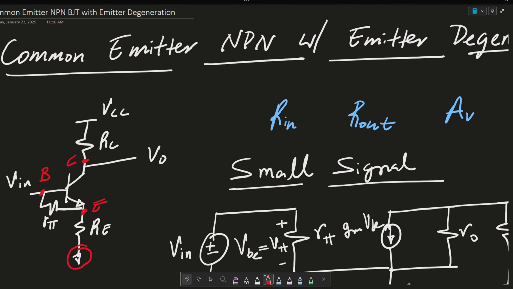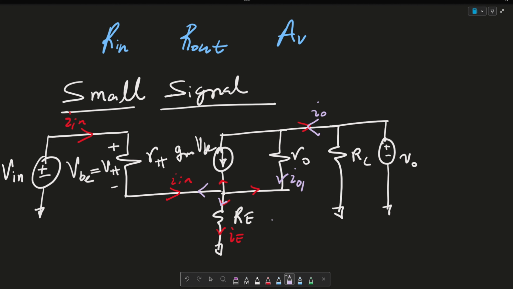So I'm going to call this path IE. And then going backwards, we could talk about a current IO flowing over here and then getting split over here. An important current is IO1 that we're going to be using.